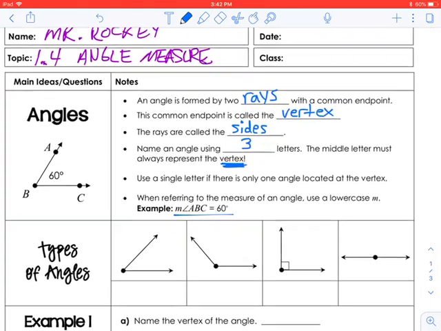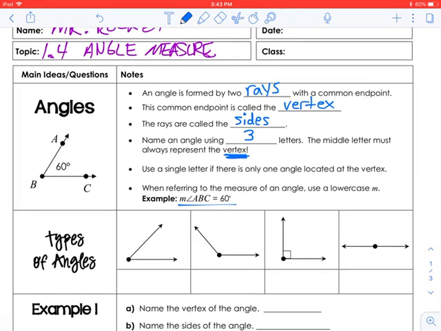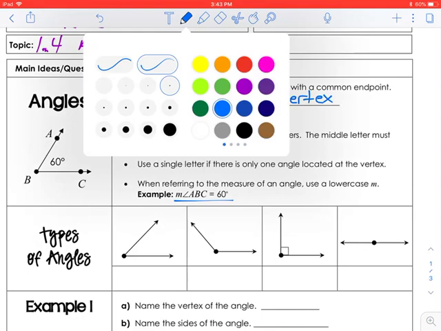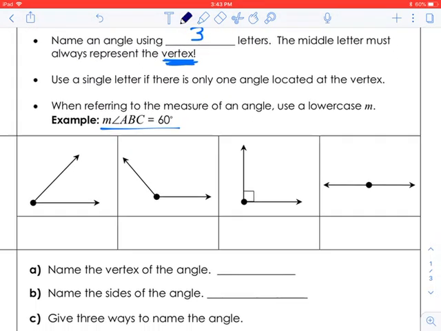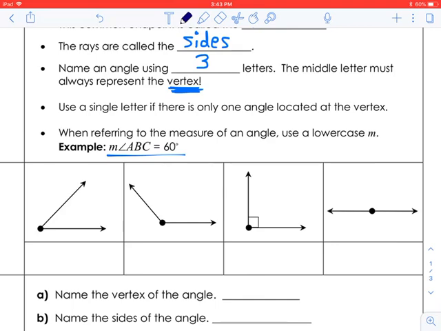Okay, so types of angles. This is something you've probably seen before, probably review. You have different types of angles. If the measure of the angle is less than 90, so it's less than a right angle, we have an acute angle.